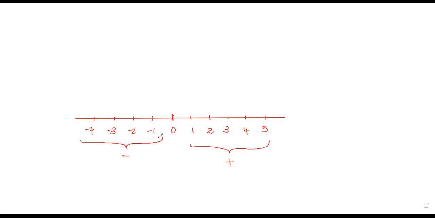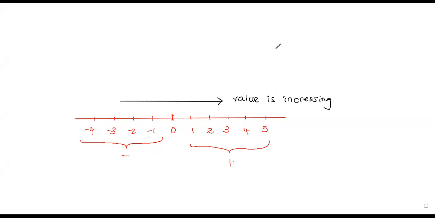Children, to which direction is the value increasing? To this direction, right? The value is increasing to this direction. What does that mean? When you are moving to the right side, the value will be increasing.